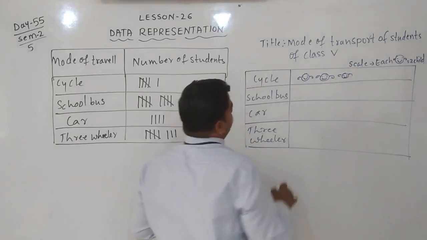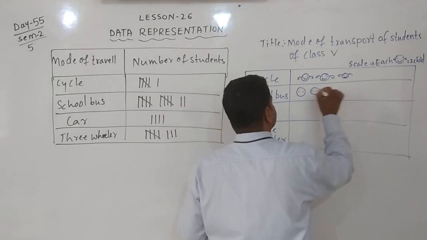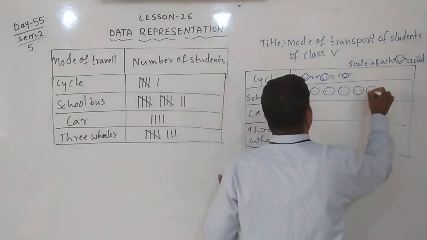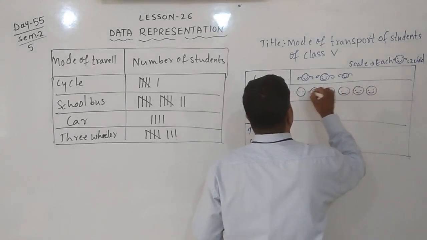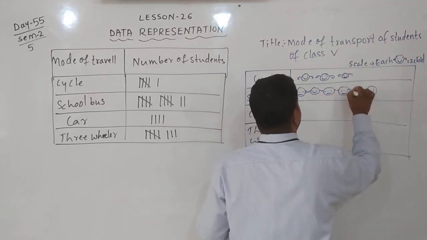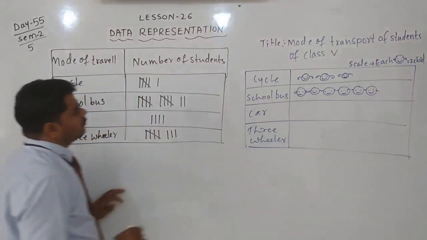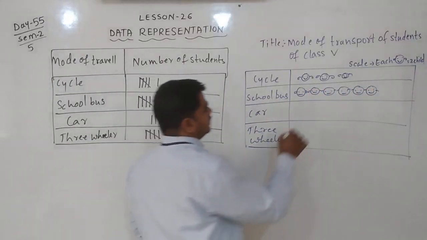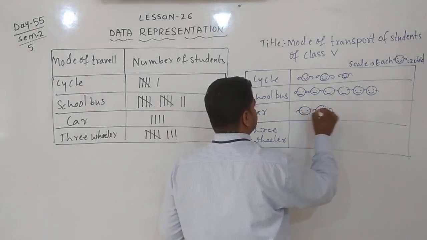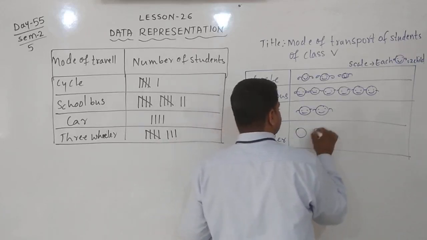By school bus, 12 means 6 spaces, 6 twos are 12. By car, 4 children means only 2 faces. By three-wheeler, 8 children means 4 faces.